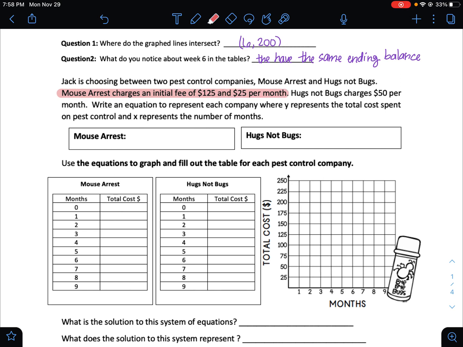Here we go. So there we have the Mouse Arrest charging $125 and then $25 per month. So my $125 is B, my M is 25. So my equation is y equals 125 plus 25x.